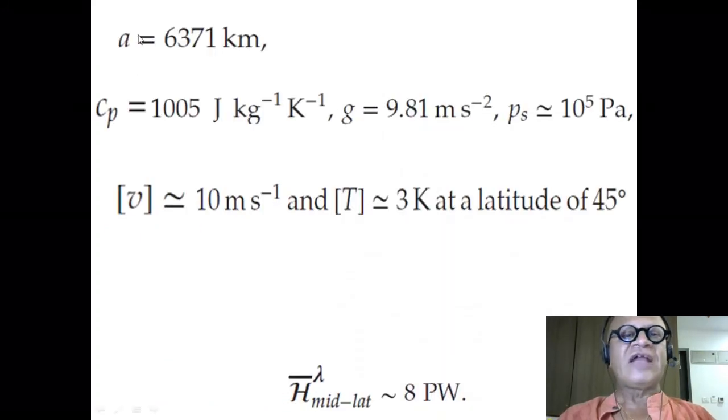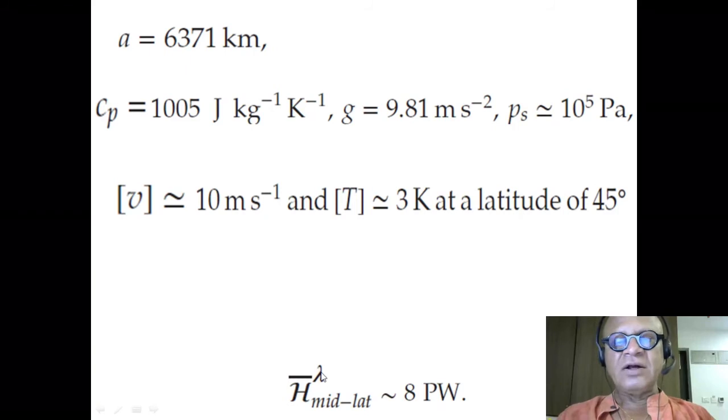So taking values of the radius of the Earth at 6371 kilometers, the value of Cp, heat capacity at constant pressure, g, the average surface pressure, a typical meridional velocity of 10 meters per second, and typical atmospheric temperature deviation at about 45 degree latitude in either hemisphere of about 3 K. Okay, this is averaged deviation from the annual mean.